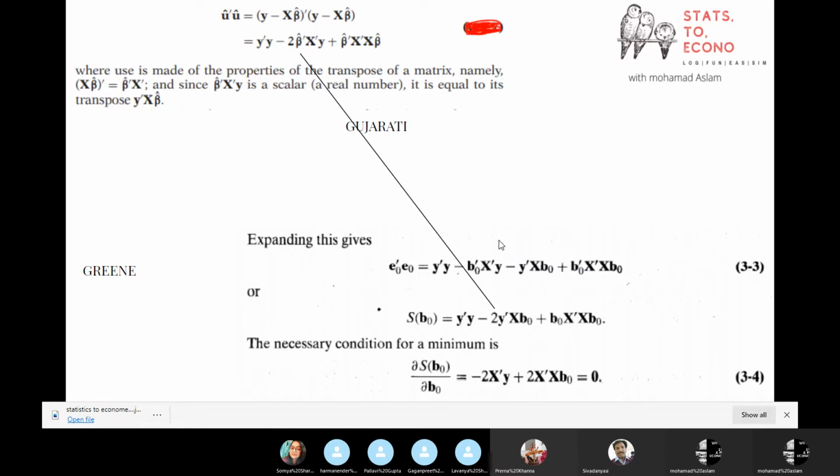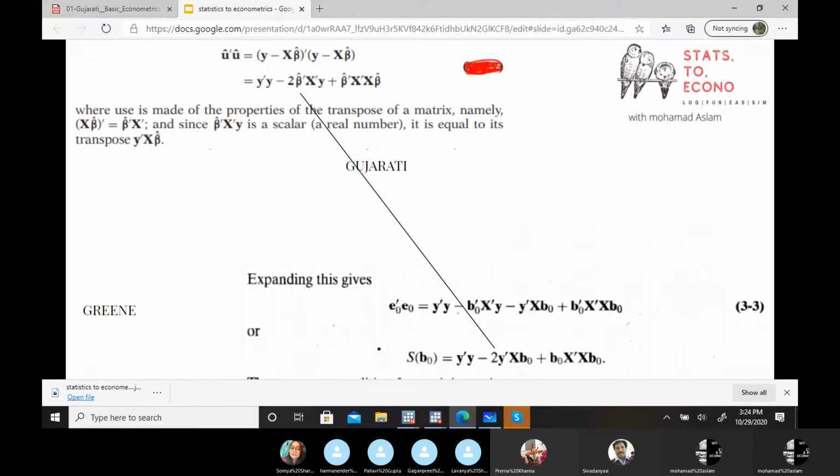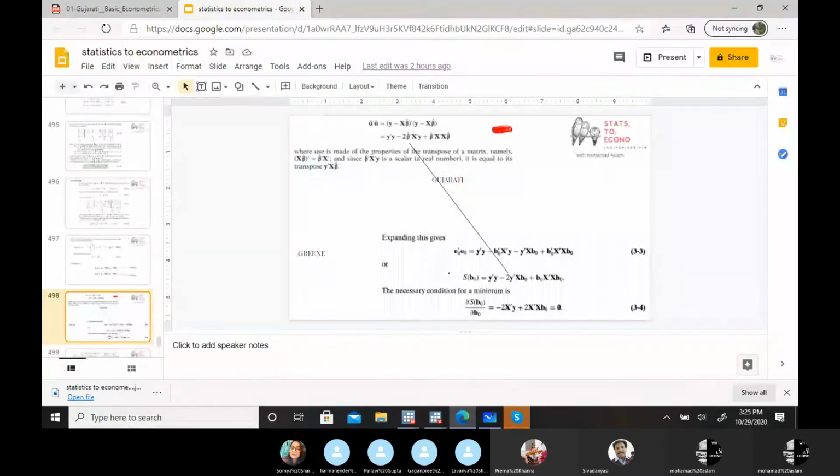Or if you want me to write it, I'll write it. Just wait a second. For the time being, you try to solve this equation. Let me show you how this is a scalar.